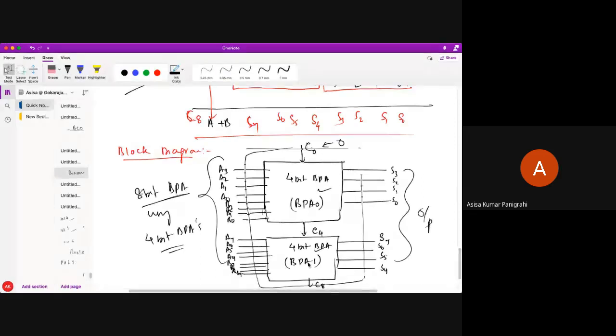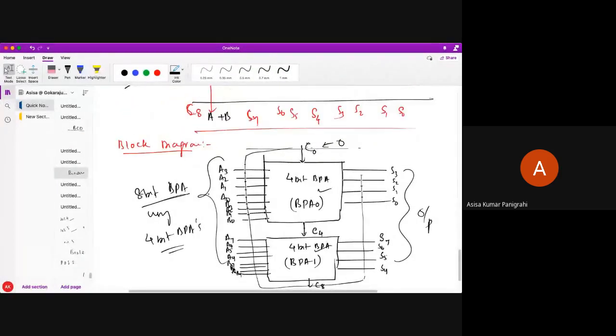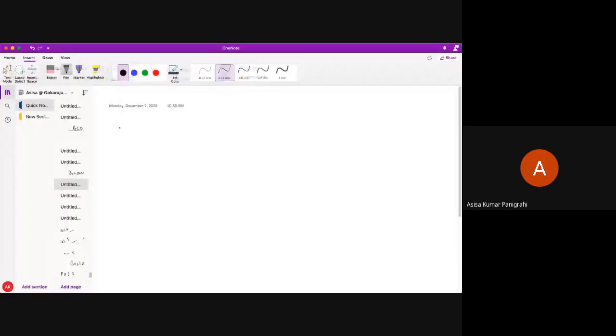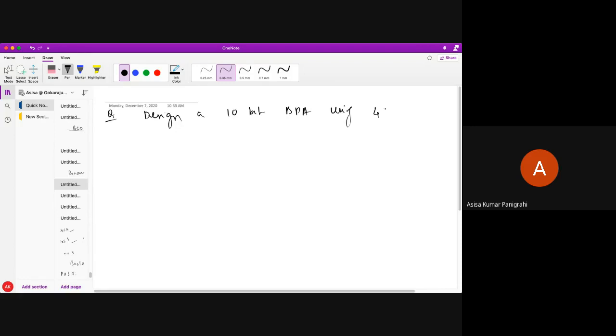Now the question is, design a 10-bit binary parallel adder using 4-bit BPA and 3-bit BPA.